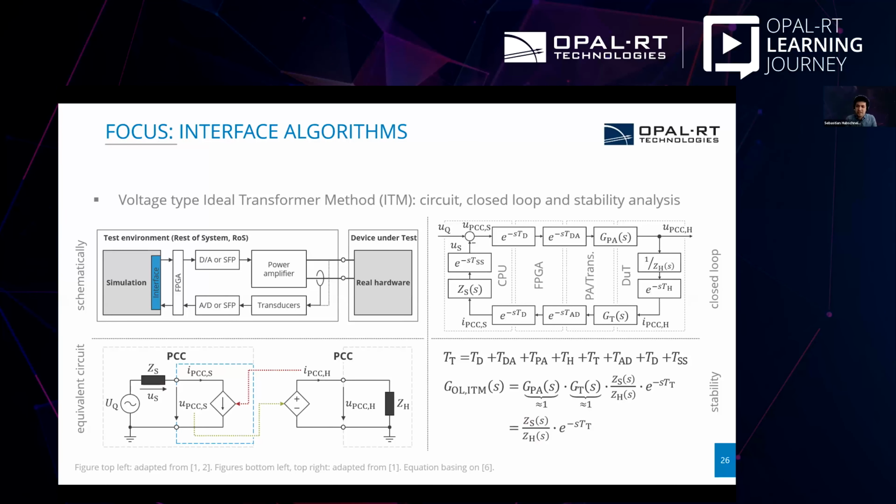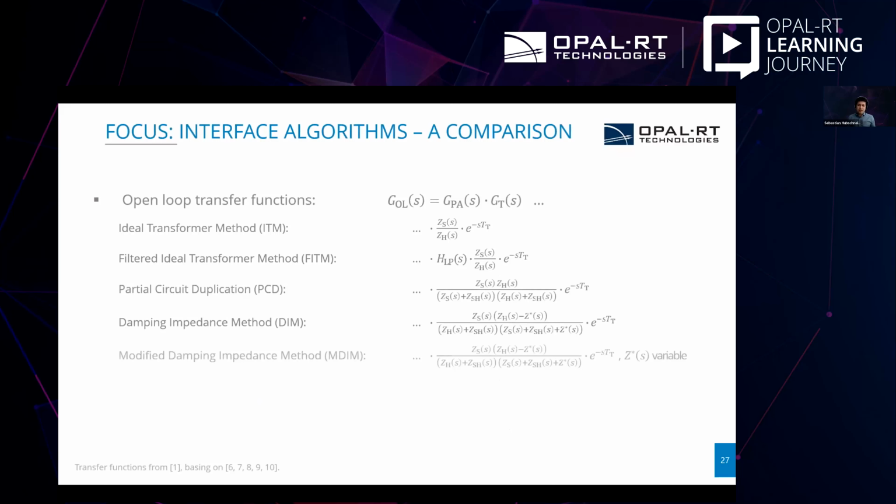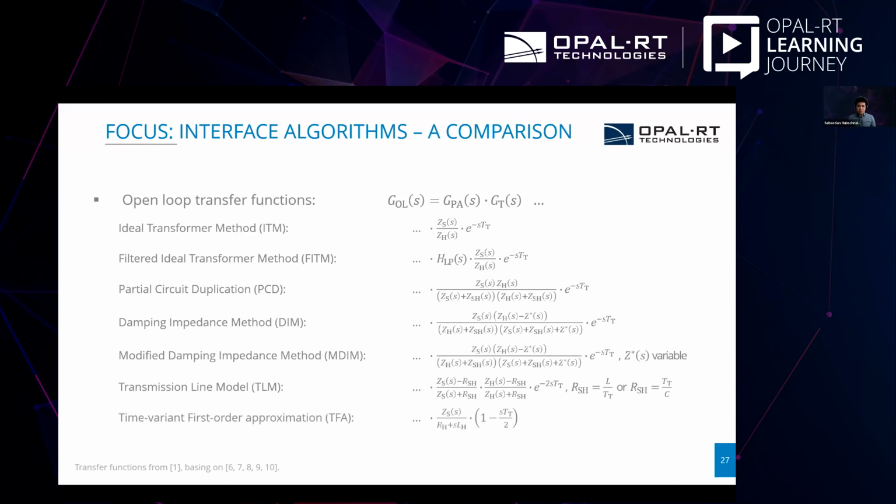Besides this interface algorithm, there are many more interface algorithms that are proposed in literature, at which we will now have a short look. I want to give you a short overview of the most common of those interface algorithms. No worries, the list only looks quite complicated. We will try to keep it on a very high level.